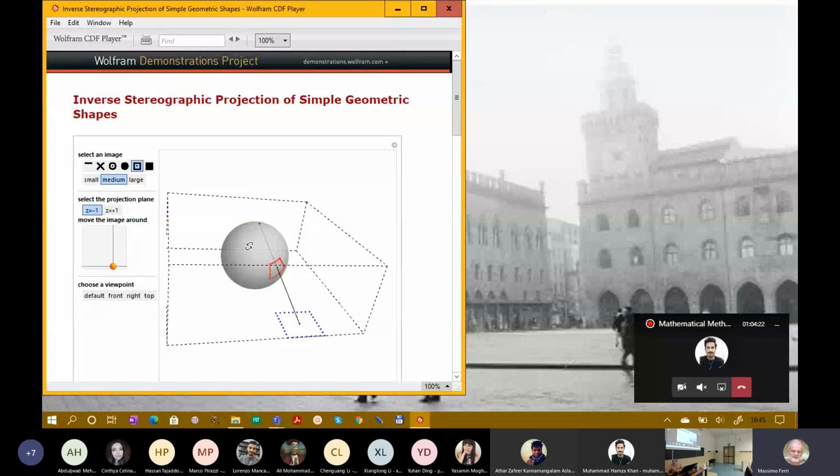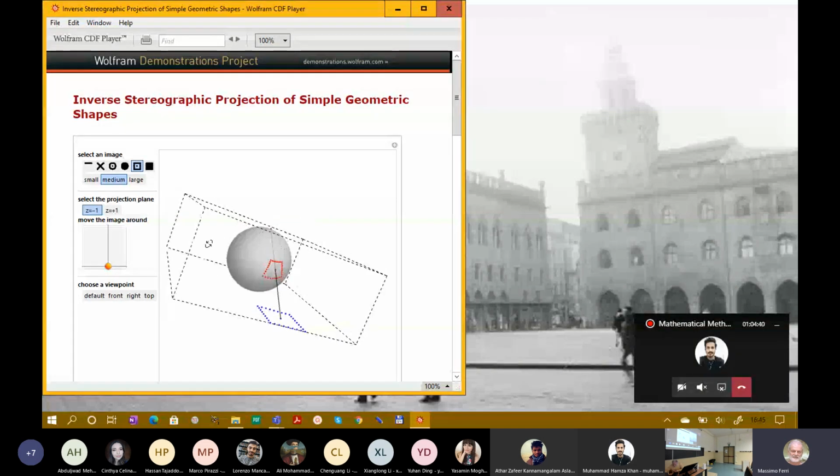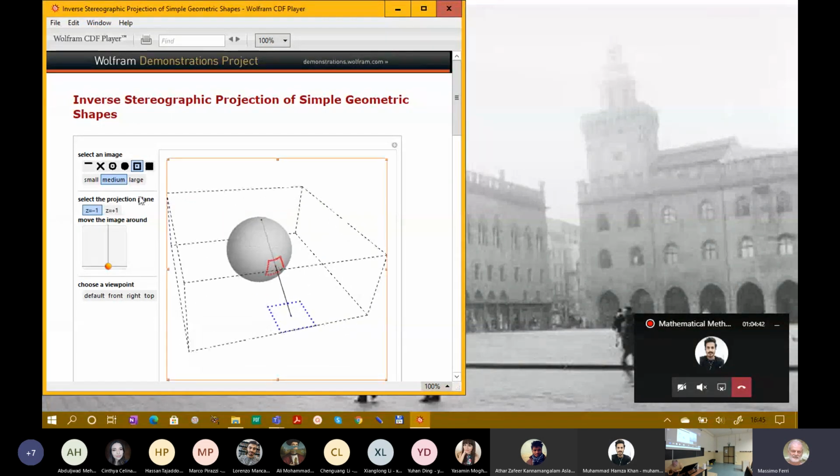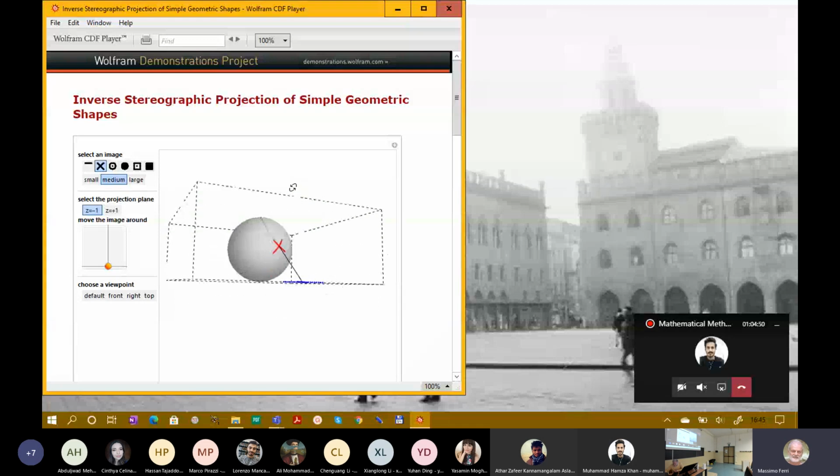And this is a very nice one, showing you this projection, which you can explore also like this, and you can change the thing to be shown.